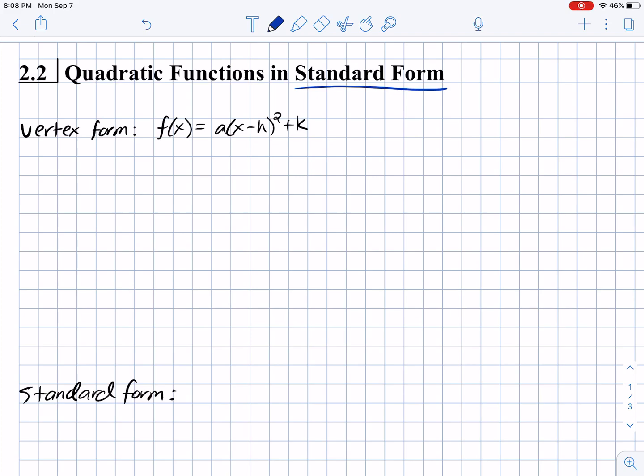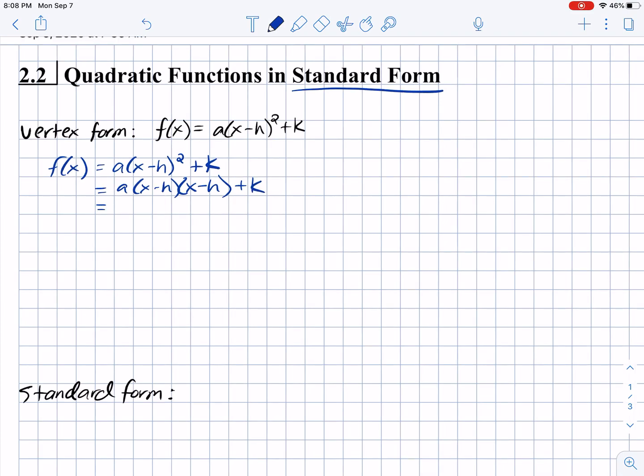So what we're going to do is we're going to take this function a(x minus h) squared plus k, and we're just going to expand it. By expanding it means we're going to take this x minus h and square it, and then we'll distribute our a. So after we FOIL this out, we get x squared minus xh minus xh, which would be minus 2xh, plus h squared plus k.